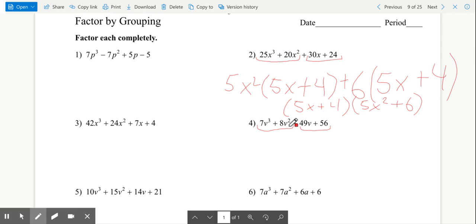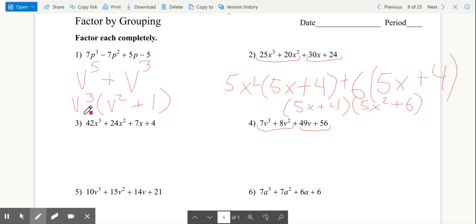Remember, I'm going to pull out the lowest exponent. So if I had a v to the 5 plus v cubed, then I would pull out a v cubed, or v to the third, because that's the lowest exponent. So I'm always just going to pull out the lowest exponent. So that would be v cubed, v squared plus 1.